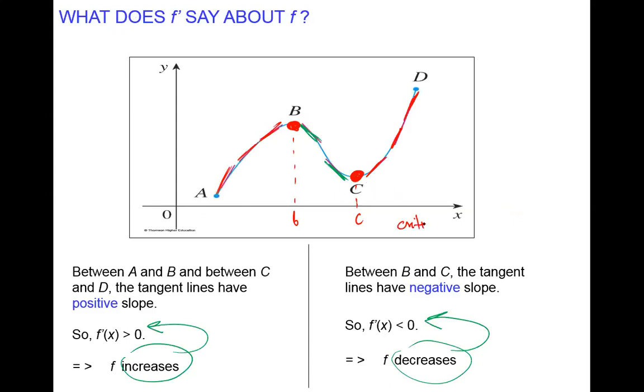Those are the critical points. We can see how important they are, because in order to find the intervals of increase or decrease, I always have to start with my critical points, because critical points are kind of like the boundary where the derivative will change sign.